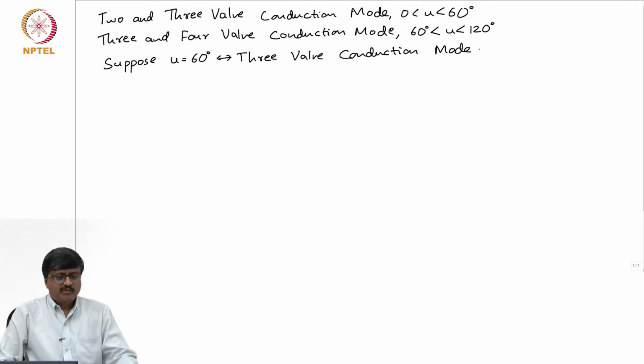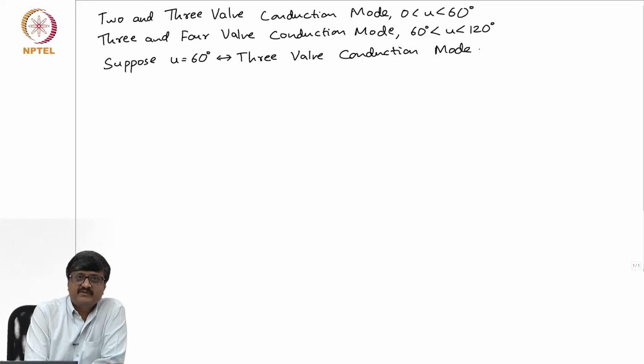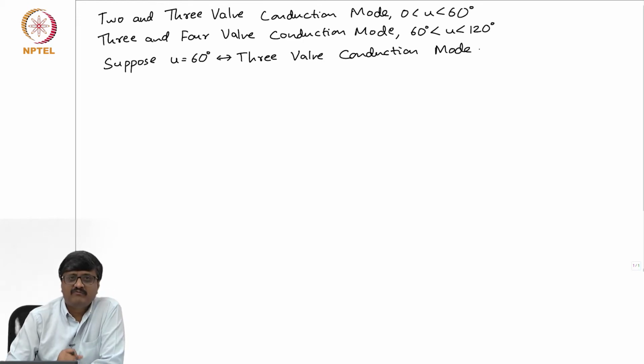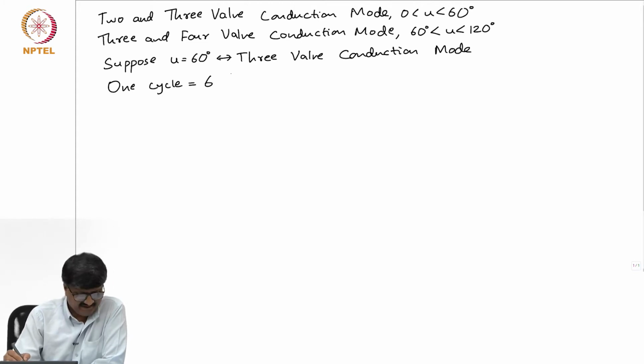So we can try to do the analysis as we did for the previous two cases. In order to do a steady state analysis, we need to consider only one cycle, in fact only one interval. One cycle of the AC side voltage or current equals 6 intervals.